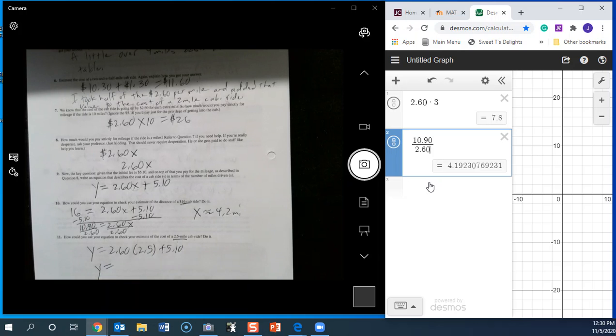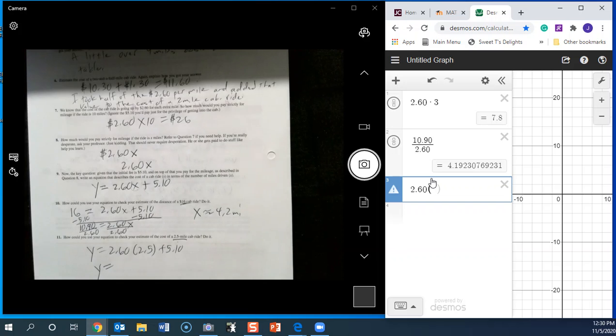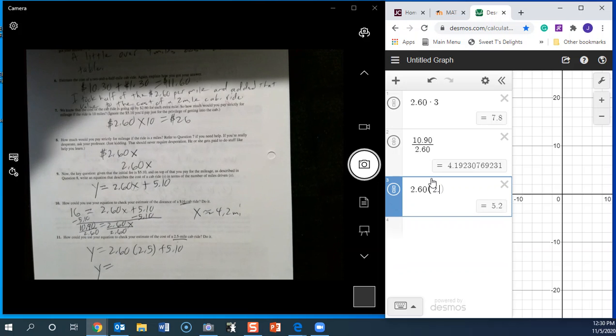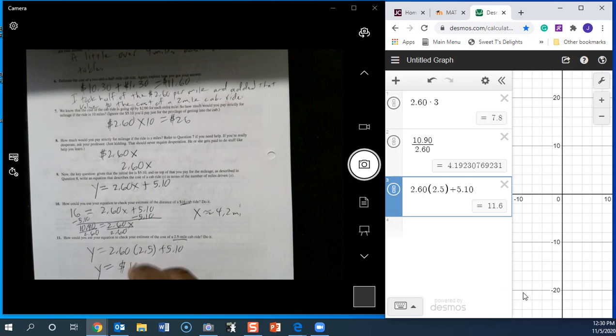So we can put that in our calculator: 2.60, then a parenthesis 2.5, and then plus the $5.10. So that'll give us $11.60.